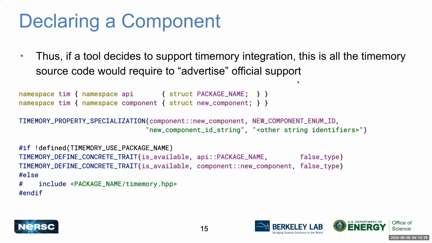That declaration of a component is actually a very nice property because we can create a very simple system so that tools that want to provide Timemory support can simply provide us with a simple little header like you see here. And then they can maintain their component in their package and just in a header that we would later include if somebody turned it on.